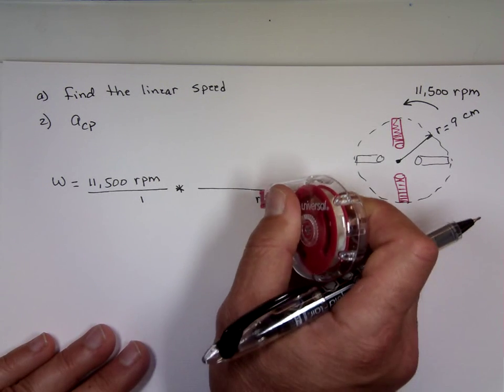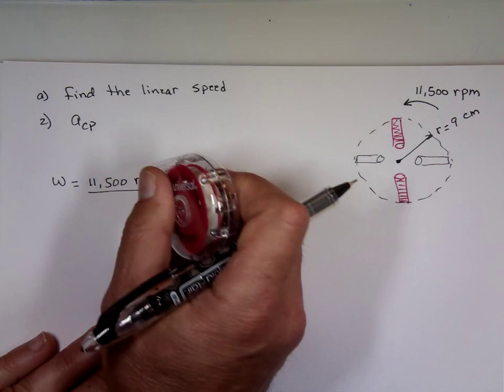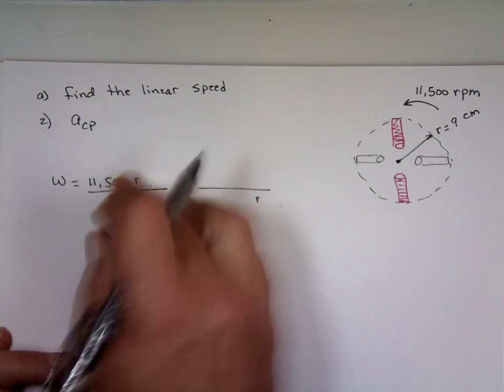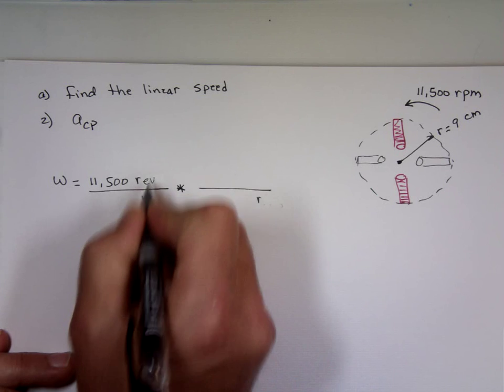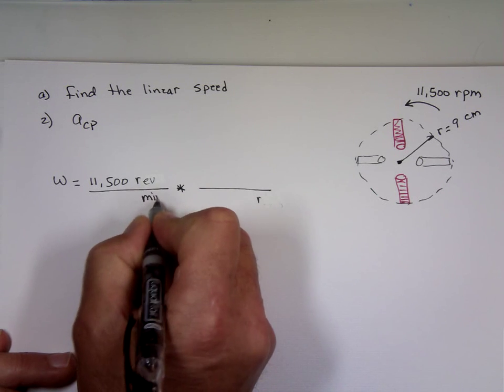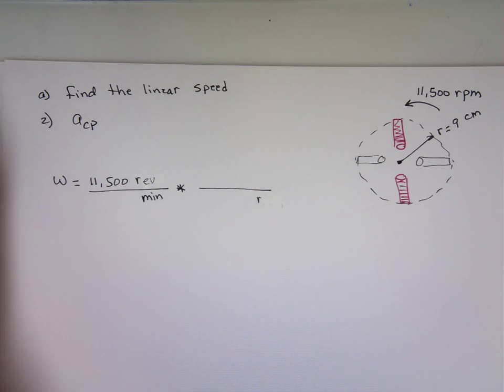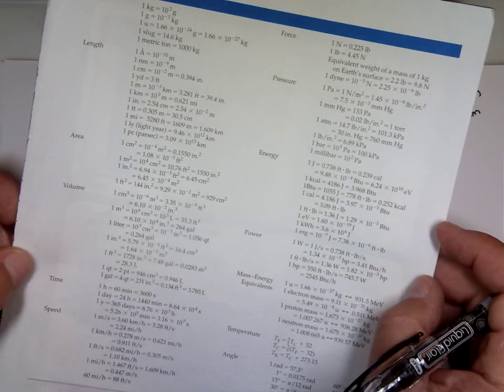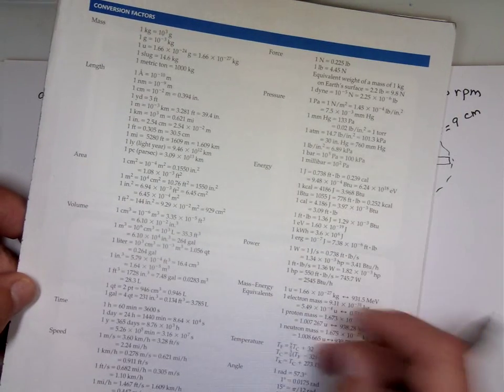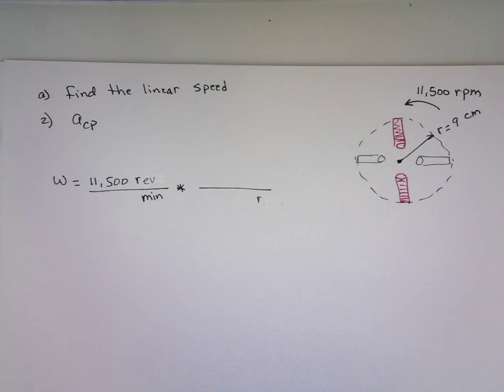RPM I'll write like this, rev per minute. I don't think I have an RPM to radians per second on my cheat sheet. Doesn't look like it, so I've got to do it myself.